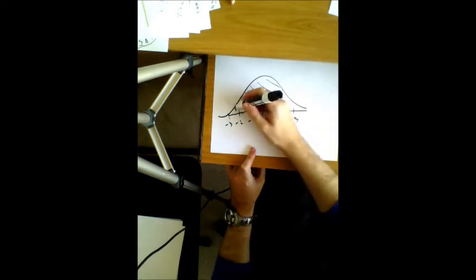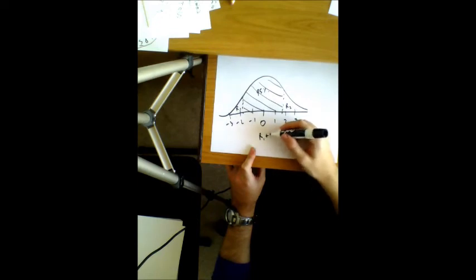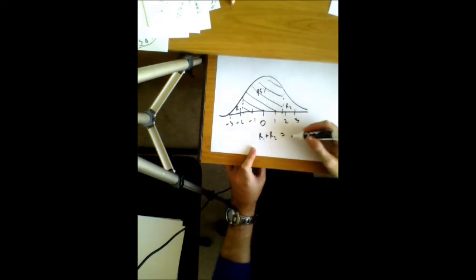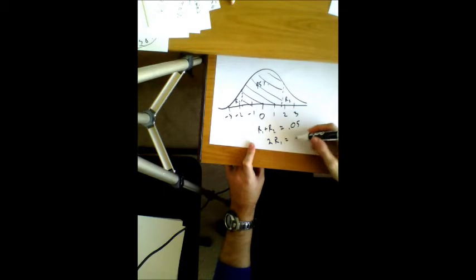We call this region 1 and this region 2. Region 1 plus region 2, I want this to be 0.05, which is 5%. But really, because they're symmetric, it's just 2 times R1 equals 0.05.